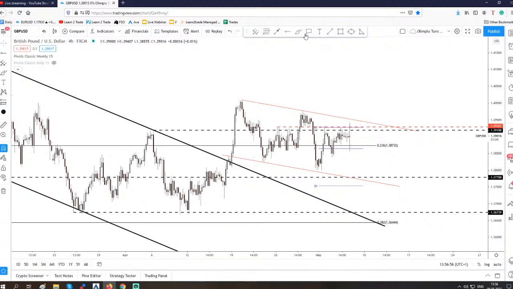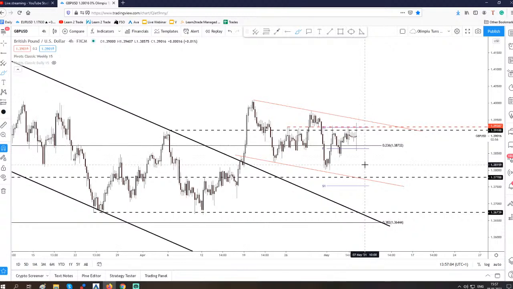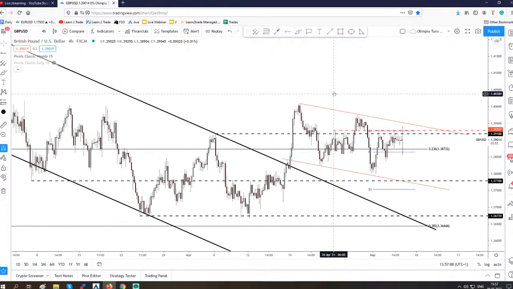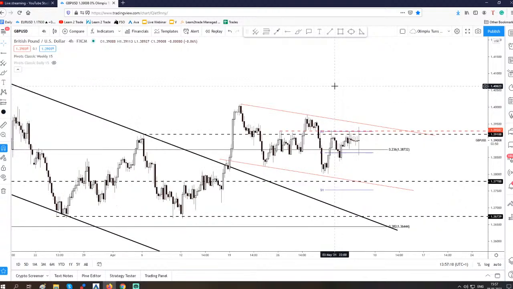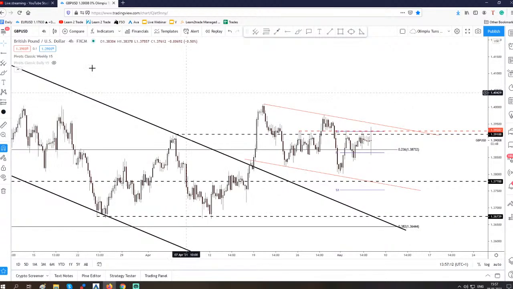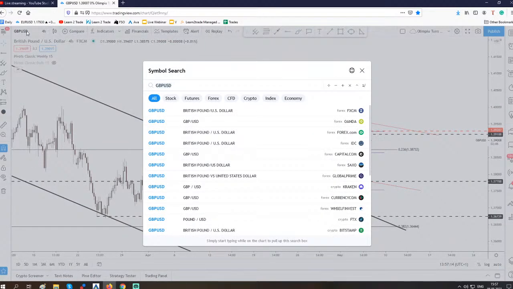So maybe only a valid breakout here could confirm a further growth here on this pair, but I will keep an eye on it, and let's see, maybe we will decide to open a live trade here during this live session. Guys, let's continue, and please guys, still expecting for messages.